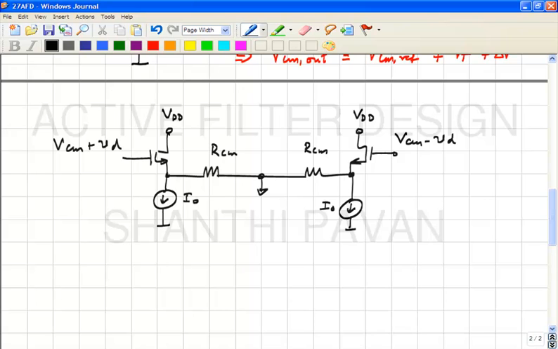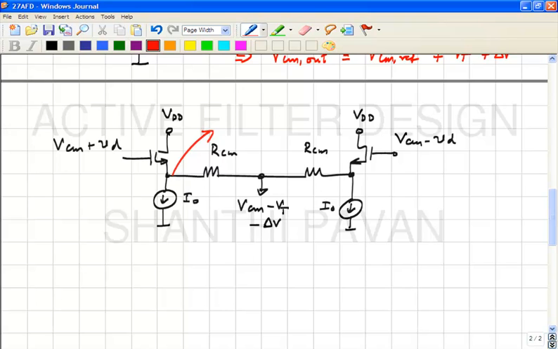This voltage absolute potential will be VCM minus VT minus delta V. Okay. But what I am interested in finding out is the incremental voltage here. The quiescent voltage there is VCM minus VT minus delta V, right?